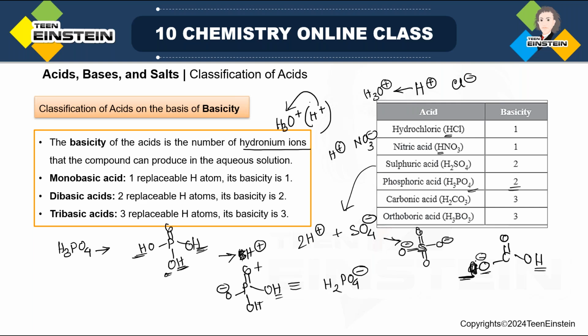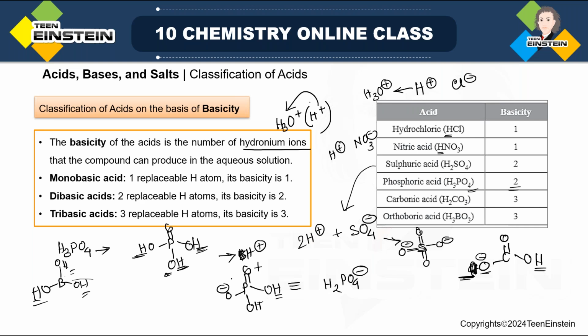Next we will have orthoboric acid, H3BO3. This is the structure of H3BO3. Here you can see 3 replaceable hydrogens are there, and that is why we can say that its basicity is also 3.